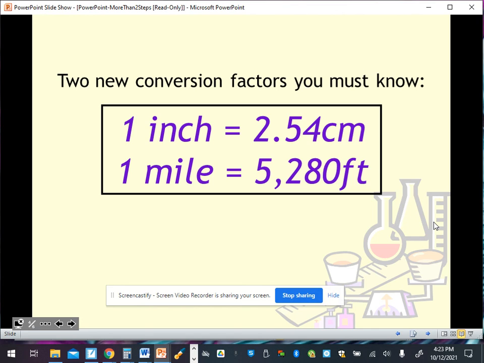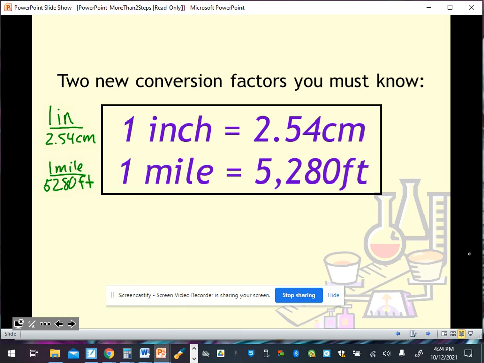Remember that I can write them like that, but then when I use them, it can always look like this: 1 inch over 2.54 centimeters and 1 mile over 5,280 feet. And I can always flip-flop them too, so 4 different ways to really write that.